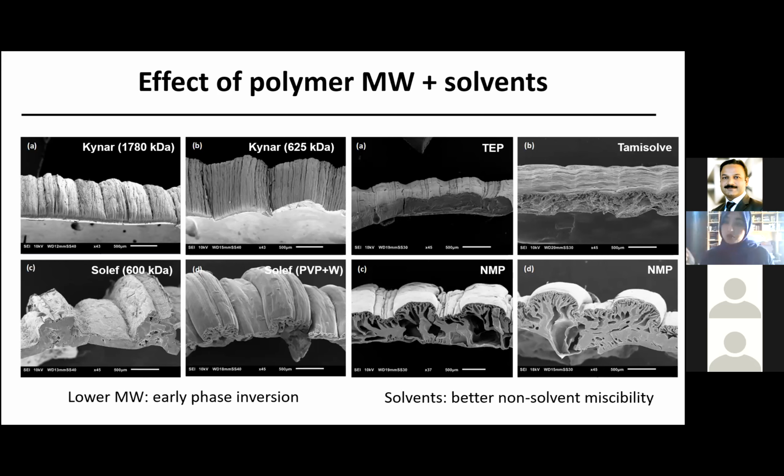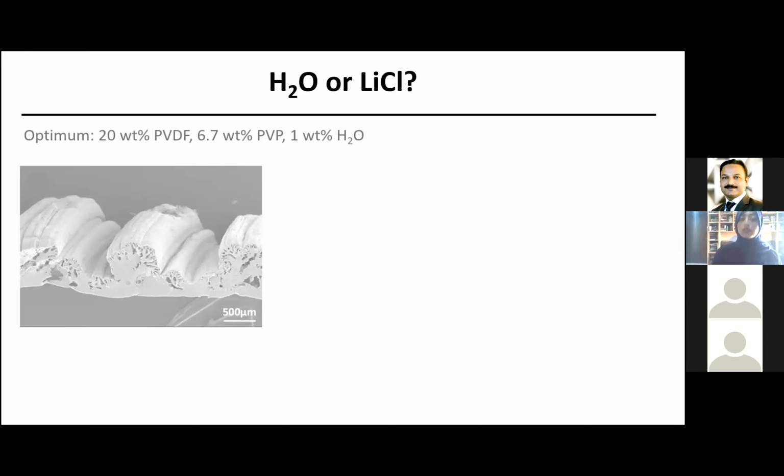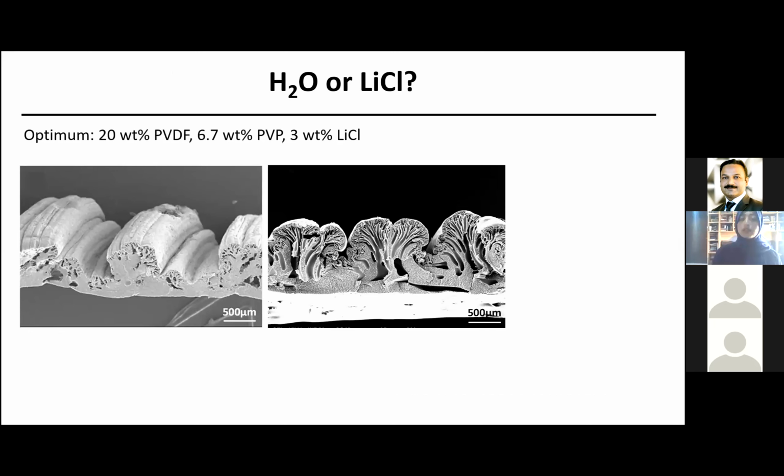Another interesting alternative to using water in the casting solution was using lithium chloride. Using lithium chloride resulted in better pattern heights and better pattern formation. That was mainly because of the ability of lithium to form complexes with the solvent, which in this case was DMF.